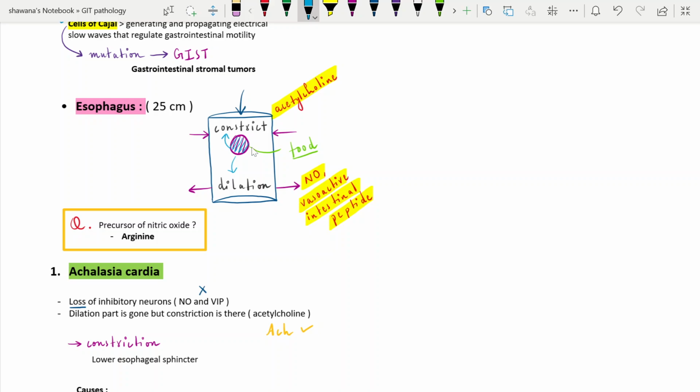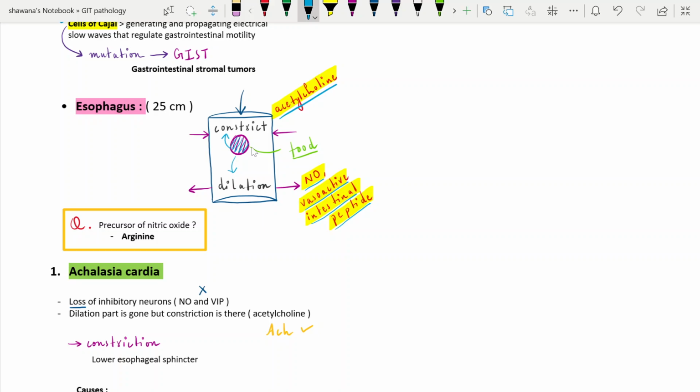The constriction occurs due to acetylcholine. Okay, it's a neurotransmitter, and dilation is due to nitric oxide and vasoactive intestinal peptide. These are responsible for dilating the esophagus, and there are several diseases that can occur due to dysfunction of these neurotransmitters or hormones or chemicals.